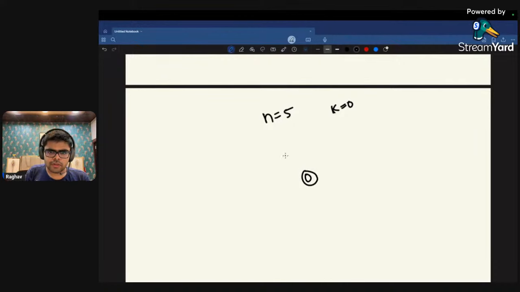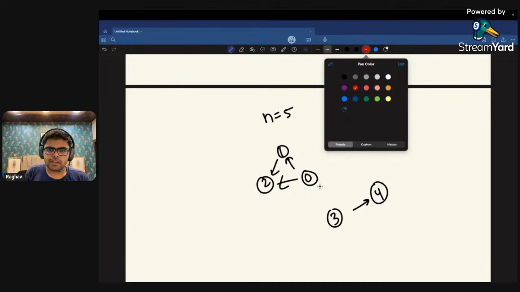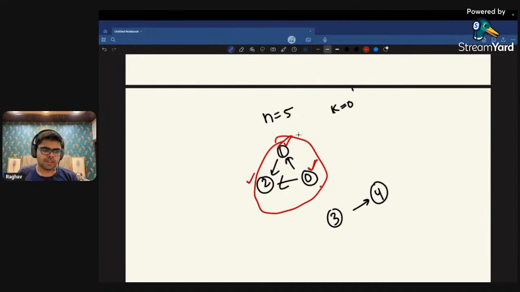So we have 0, 1, 2 and 3, 4. This is the graph. Here the faulty method will invoke both of these functions.